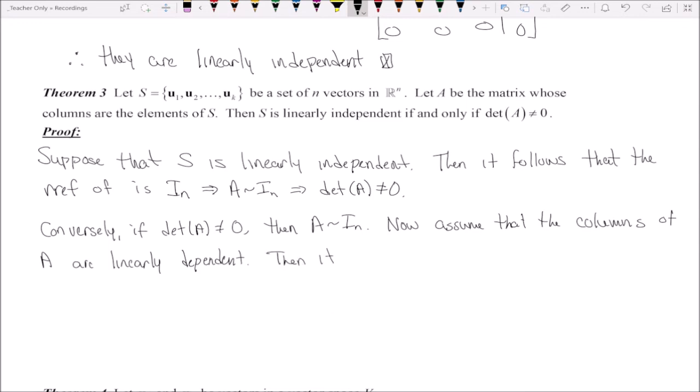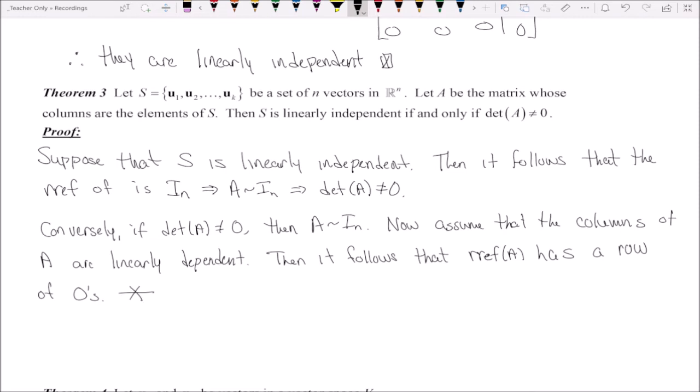Then it would follow that the RREF of A has a row of zeros. However, this is a contradiction.